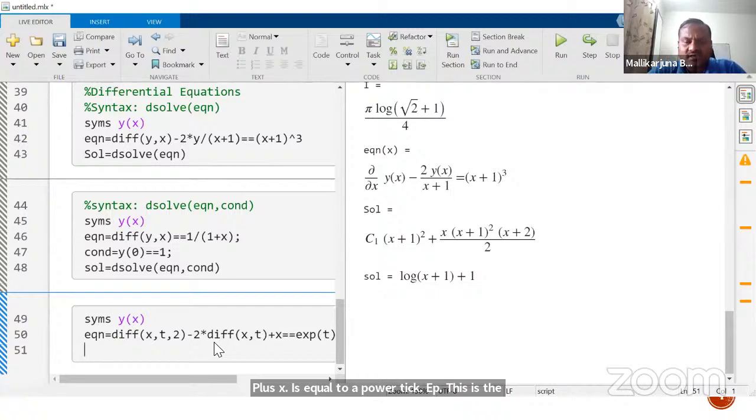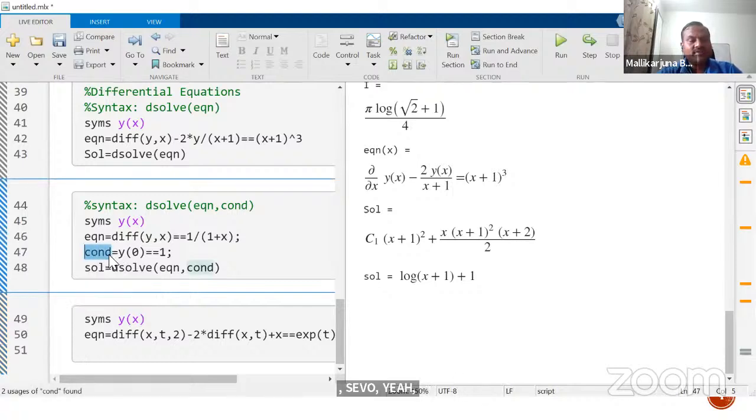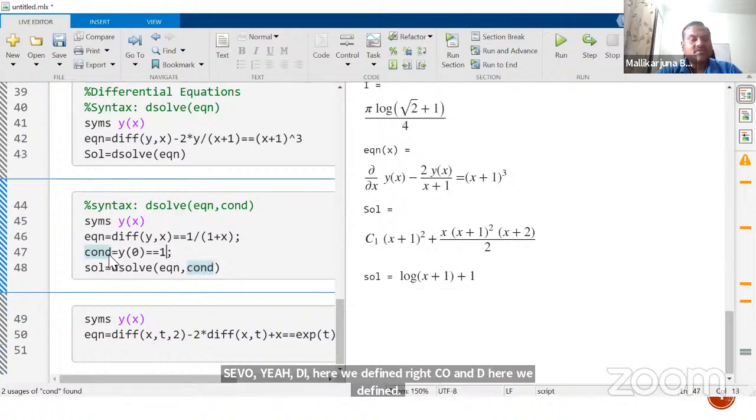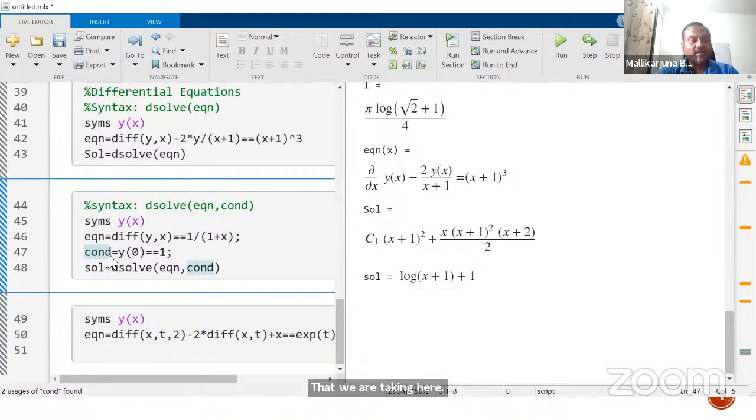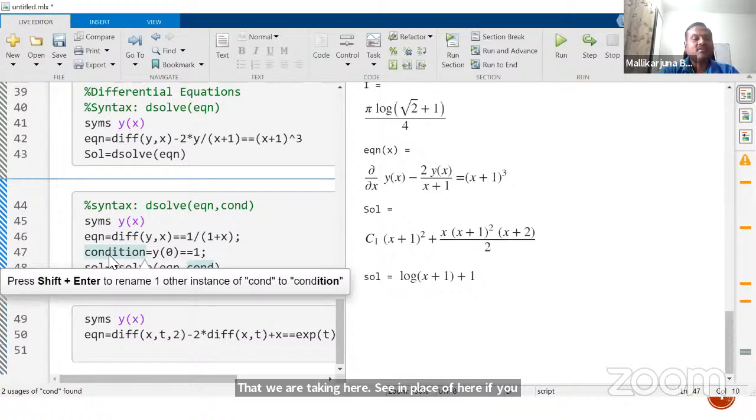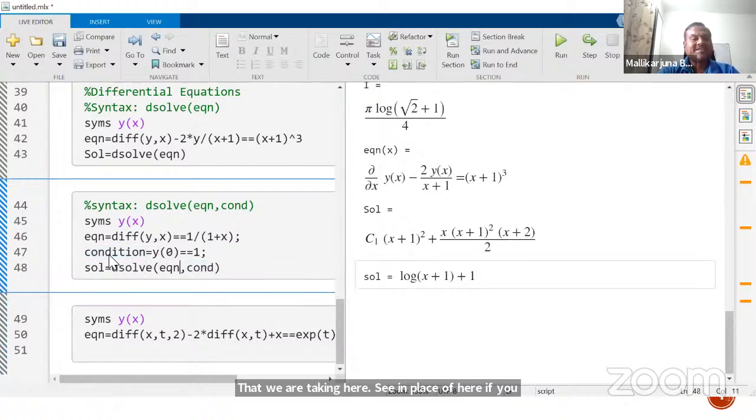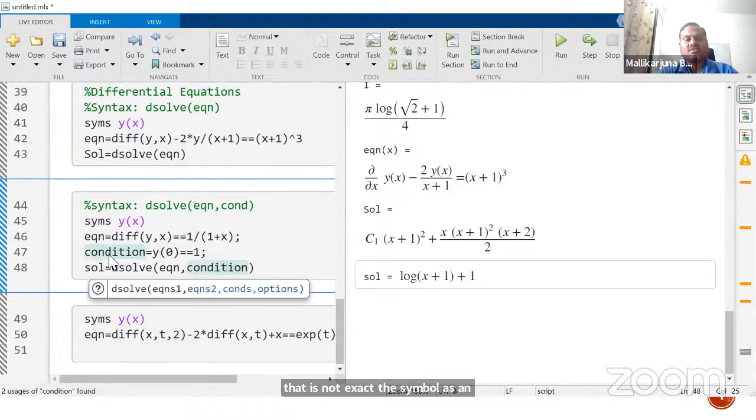Someone asked in the chat box about the condition COND. Here we defined COND, that we are taking here. In place of this, if you want to type the condition completely, you can. That is not an exact symbol or syntax. You can take anything.